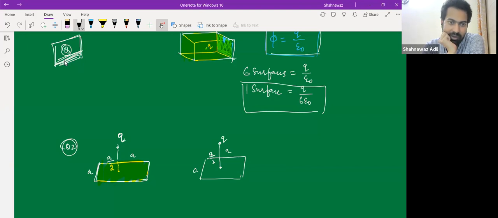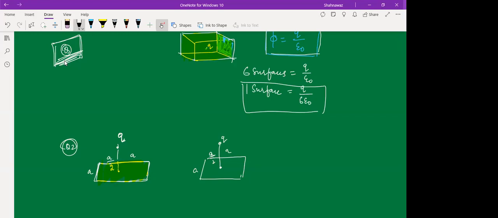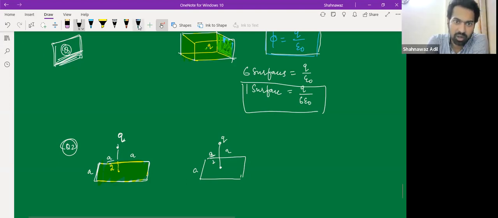Can you guys tell me now what would be the answer? Anybody got the answer? Got the idea? Q by A by 2 epsilon naught. Yeah, Q by how much epsilon naught?